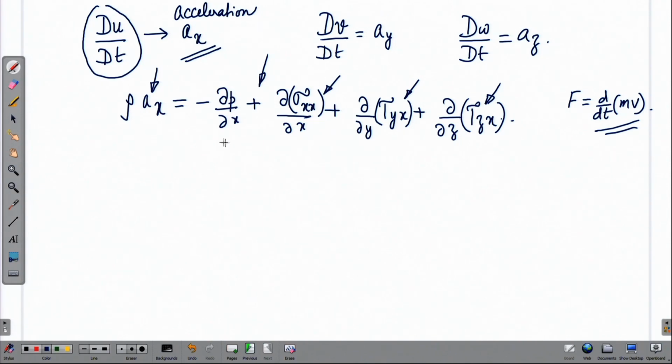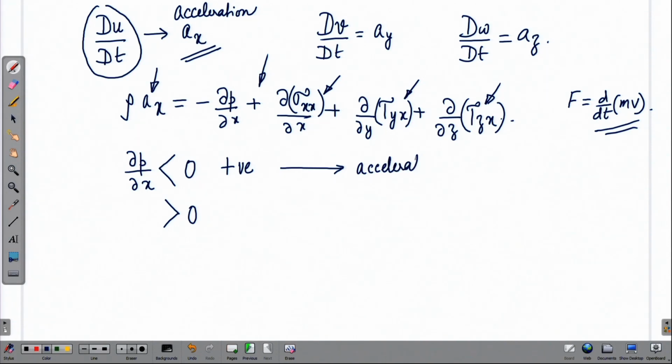Now, if you look at the forces on the right hand side, del p del x is the pressure gradient along the x direction. What happens if it is less than 0 or if it is greater than 0? A less than 0 del p del x will create a positive term here on the right hand side. That means a force which will accelerate the fluid element. So, this leads to acceleration of the fluid element.